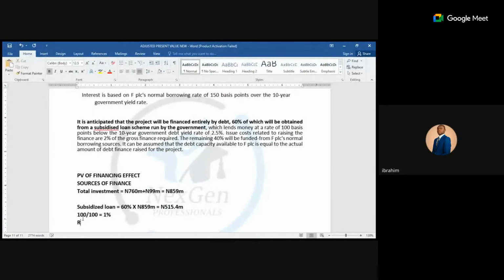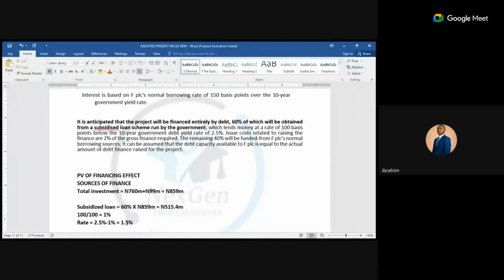So the rate now will be 2.5% minus 1%. Now, what will be the subsidized rate? 2.5%. Is it 2.7 or 2.5? 2.5. Thank you. 1.5%.